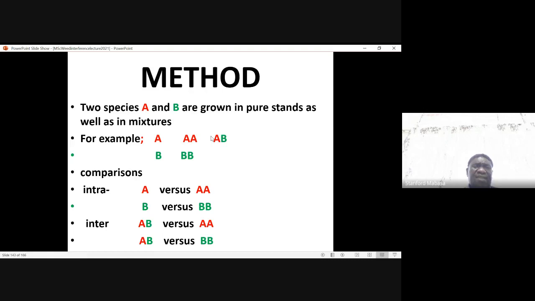So in this case, the method is that you may have two species, A and B, which may be grown in pure stands or mixtures. Actually, the idea is that you want to measure intra-specific competition and inter-specific competition. So you can have an example of these plants.